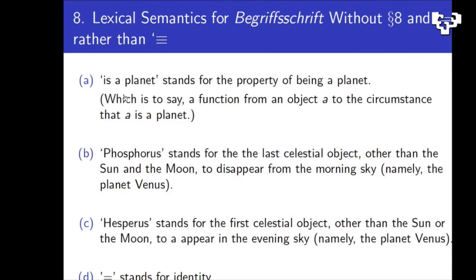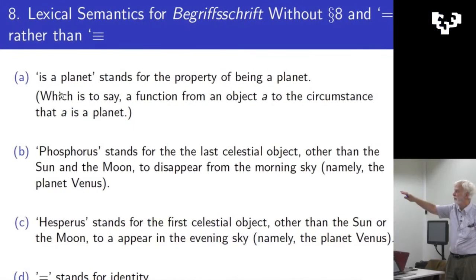So let's say, and by the way, I'm inconsistent here because it's easiest to spell it out with F parentheses C, but it's easiest to do this with quotes, "is a planet," end quote, so give me a break. So we'll say in the lexicon, "is a planet" stands for the property of being a planet. "Phosphorus" stands for the last, now, here I'm giving you a choice. In the Begriffsschrift, it will just say phosphorus stands for Venus.